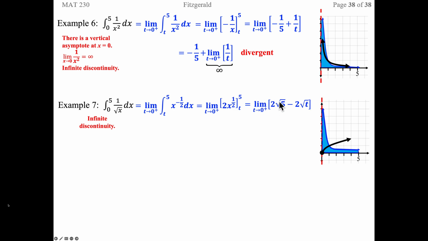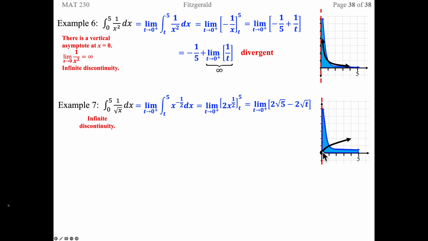So again, here's this constant value. So you take the limit as t goes to 0 from the right, it's still going to be 2 times the square root of 5. And now here, 2 times the square root of t, that's this graph right here. So as t now approaches 0 from the right side, I'm approaching that point right there.